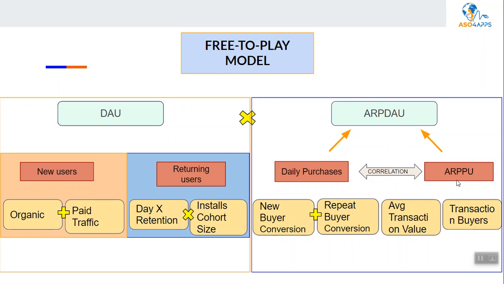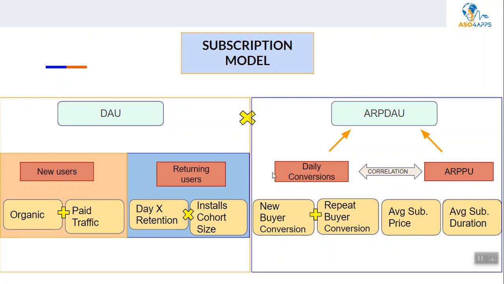On a subscription case scenario, for example, the average revenue per paying user in that case would be the average price per period and pay period duration. So the correlation between the price and the subscription duration plus the number of subscribers would give us the revenue value.